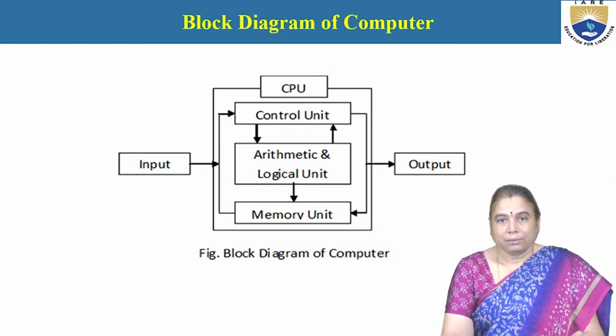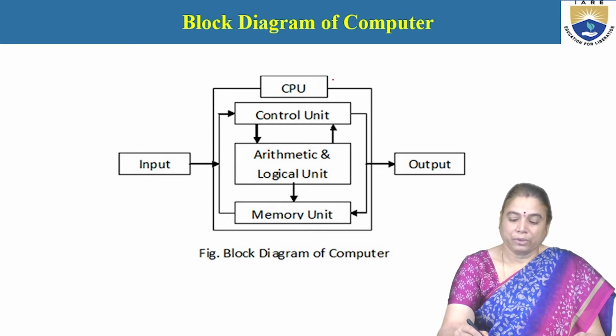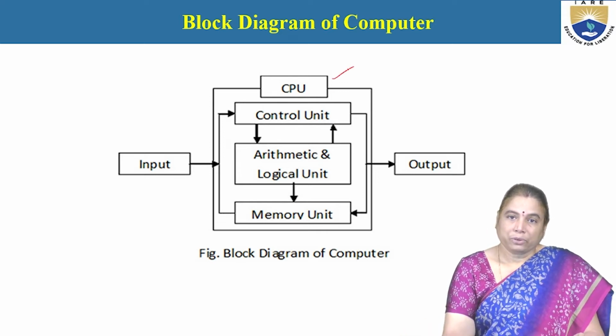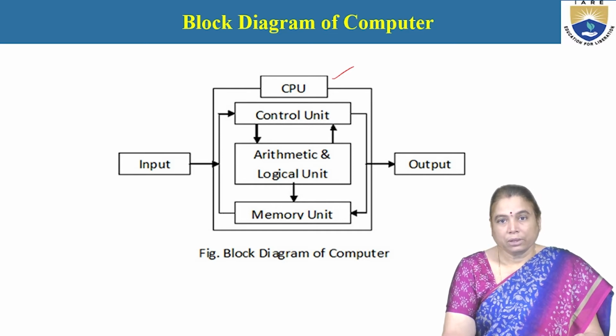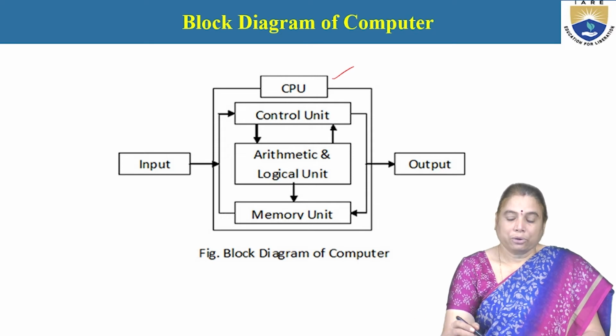Whatever data is supplied to the central processing unit, the central processing unit performs the processing activity of the computer. Here the central processing unit again consists of three subunits. They are control unit, arithmetic and logical unit, and memory unit.